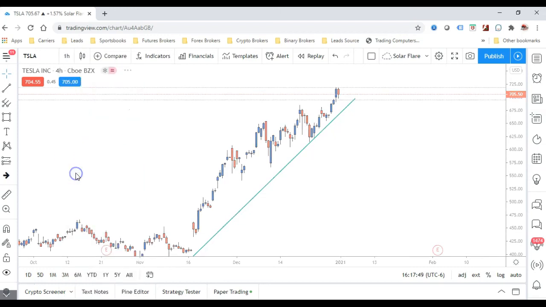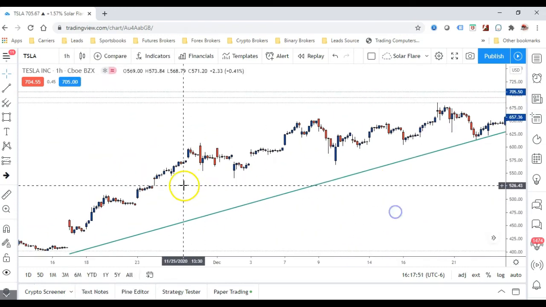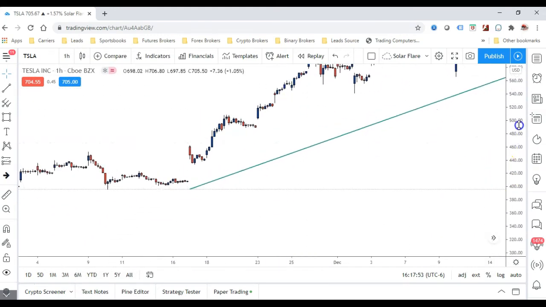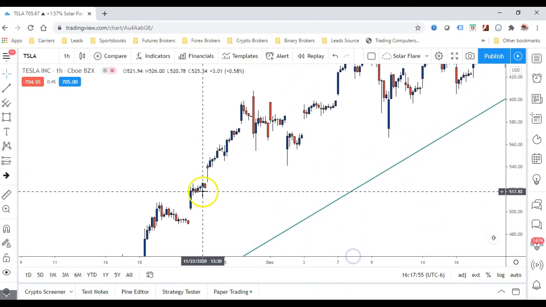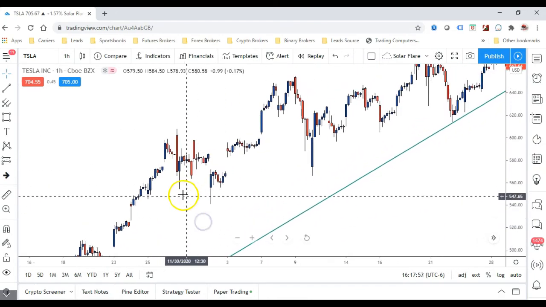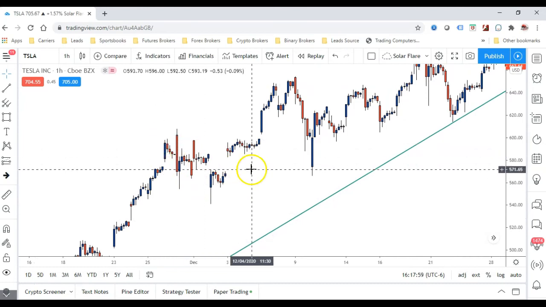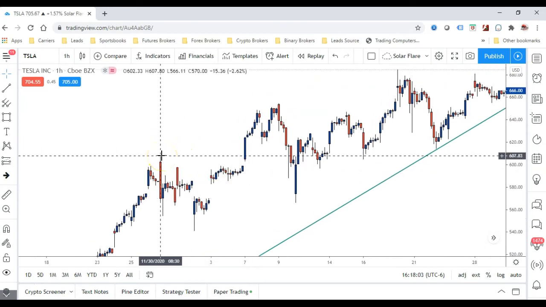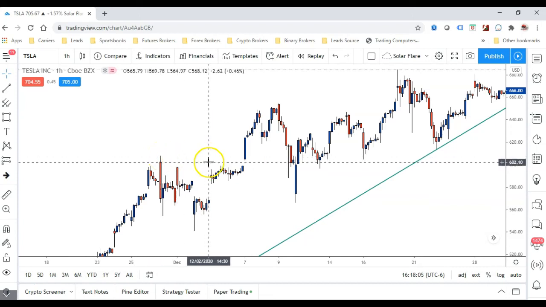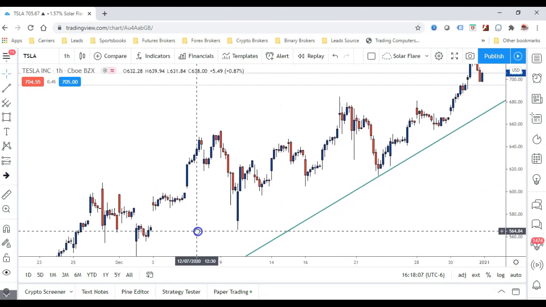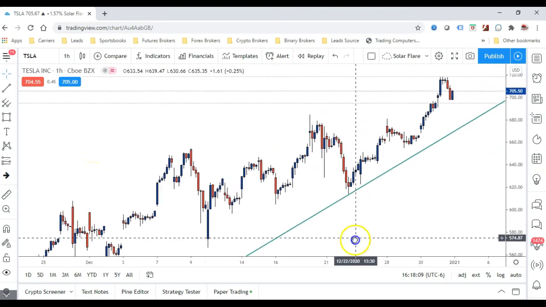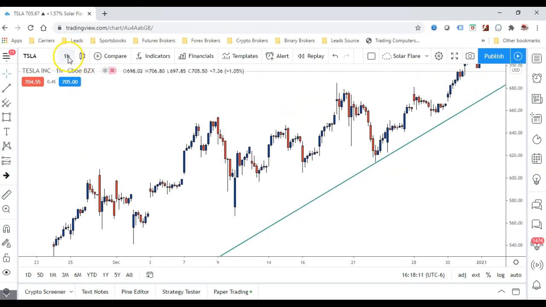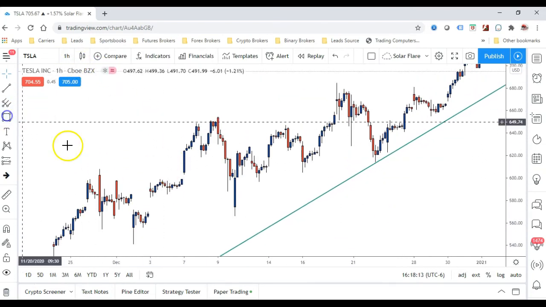Go down to the 1 hour time frame. All right. And start looking for those swing highs and looking for it to come back down and bounce. Here goes the swing high here. What we did for the 4 hour, yeah.